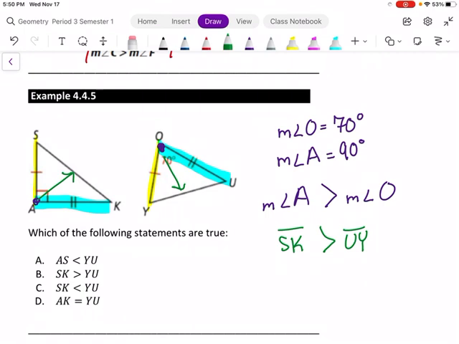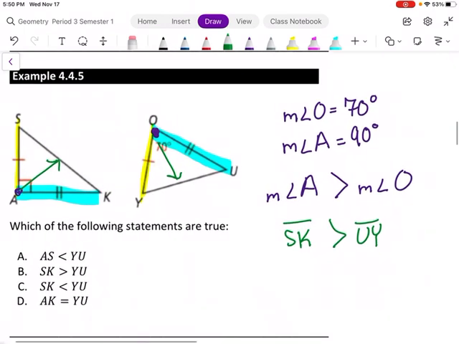So let's look through the statements they give us. They told us, for number one, that AS is less than YU. Do we have enough information for that one? Nope. The second one is SK is greater than YU, which you notice is what we said over here.